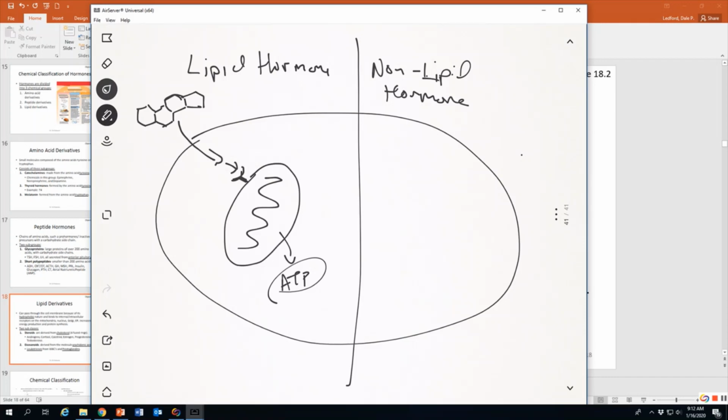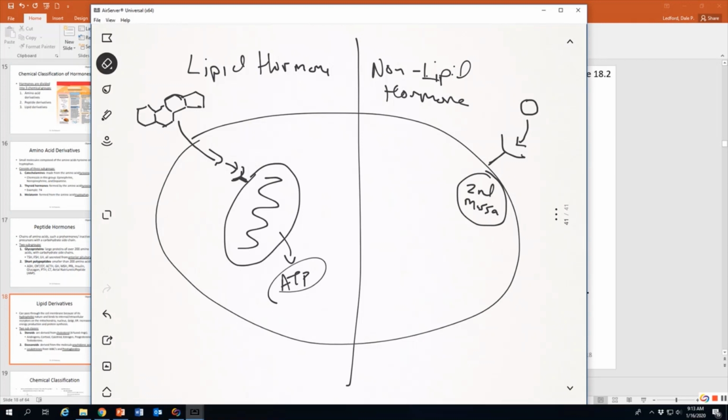Now over here I have a non-lipid hormone. Maybe this is insulin, okay? And it's going through the body. Well, its receptor, we're going to see, is right here. Now I'm going to talk more about this. And it must bind, and it must use something called a second messenger.